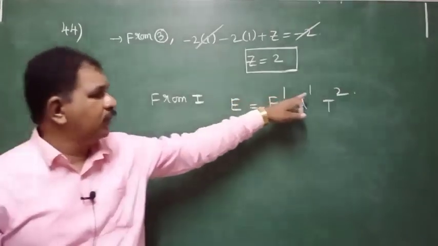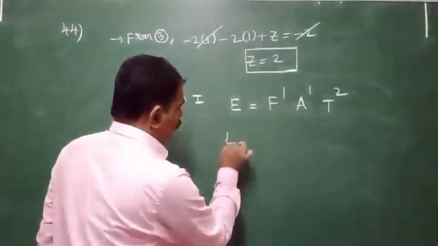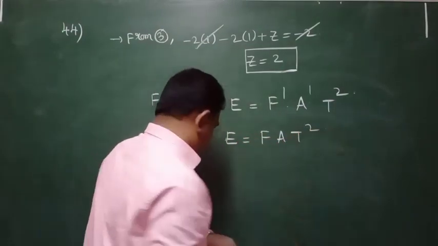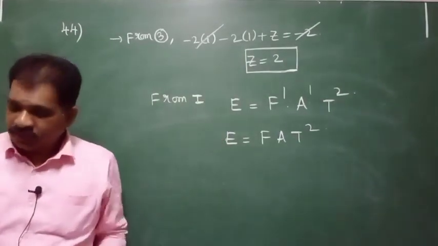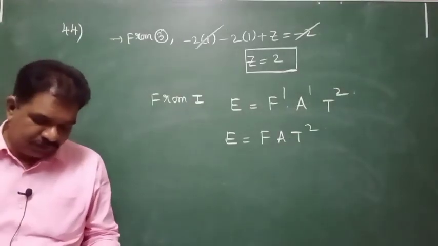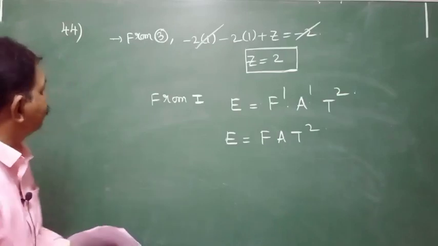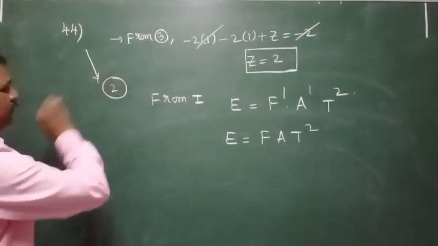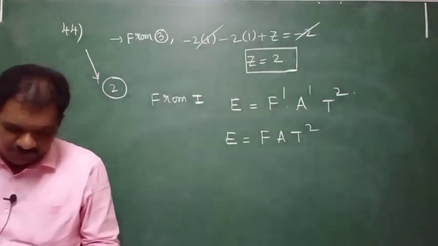X and y are 1, 1, z is 2. So finally what we will get? E is equal to F A T square. So like this we have to do the problem. So the option for this will be F A T square. It will be the second option. So 44 it will be the second option. Clear? Next 45, you check.